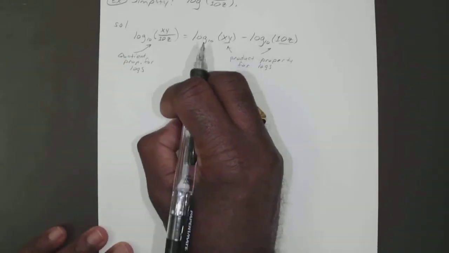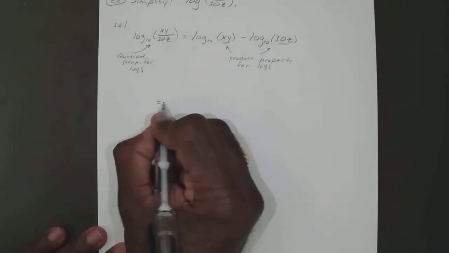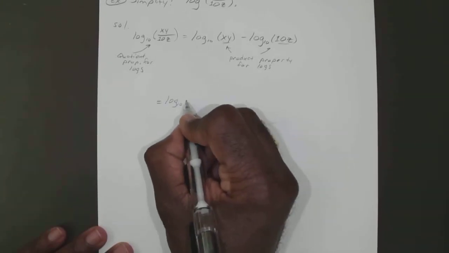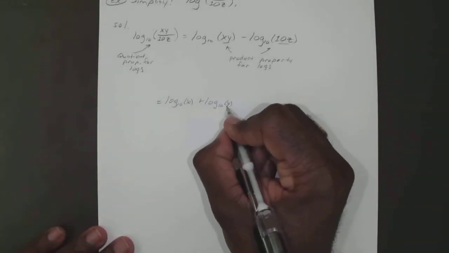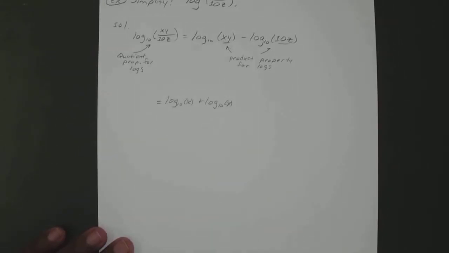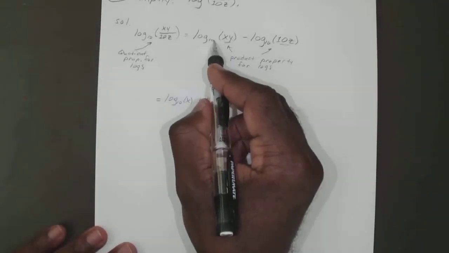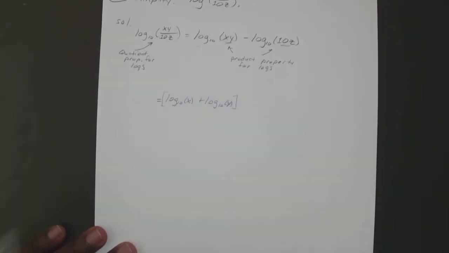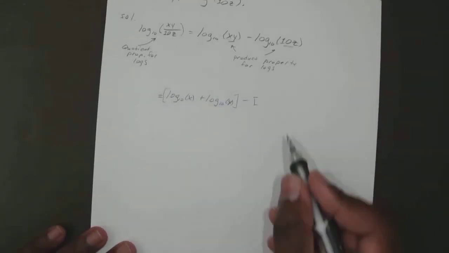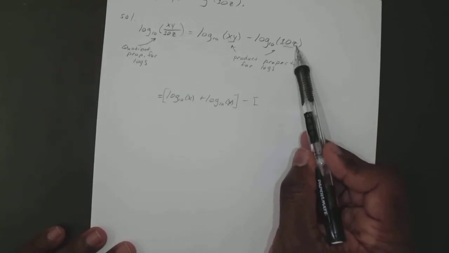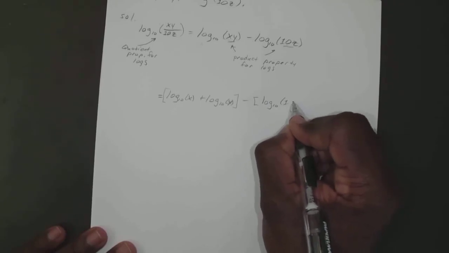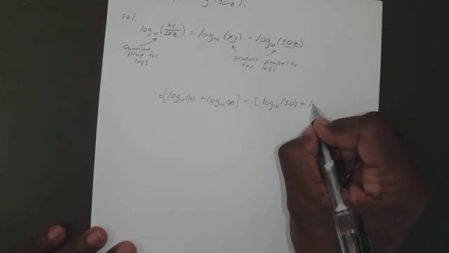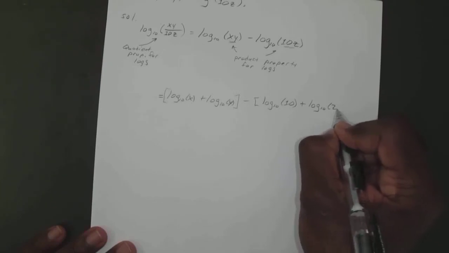Let me move this over. This is going to stretch out a little bit. Log base 10 of x plus log base 10 of y. Clean that up just a little bit. So this just became this, minus log base 10 of 10 times z becomes log base 10 of 10 plus log base 10 of z.